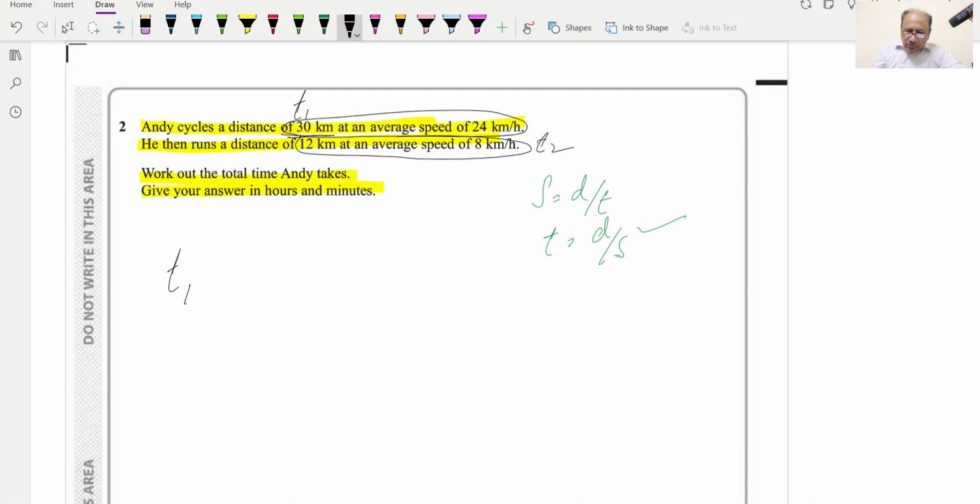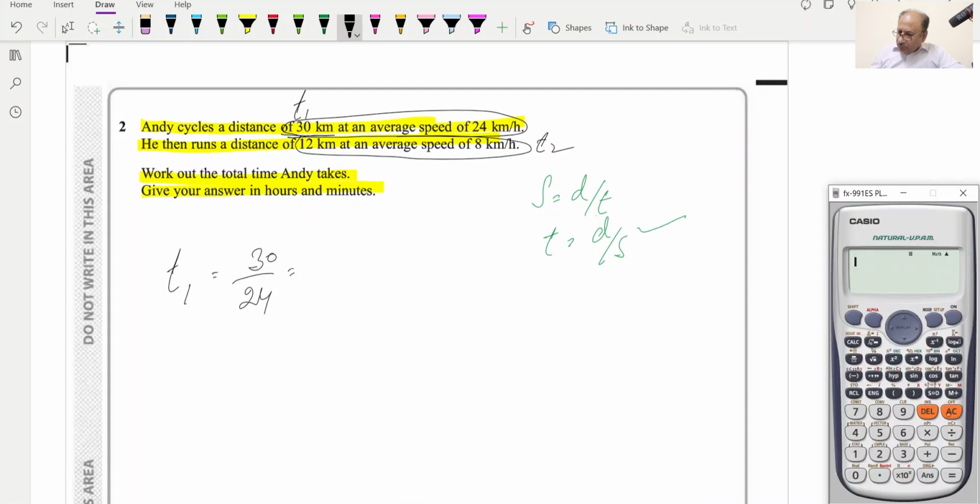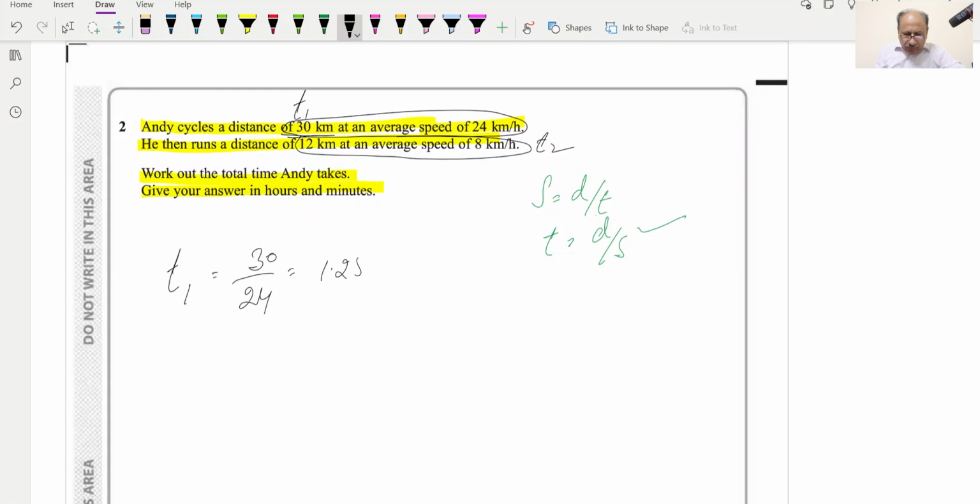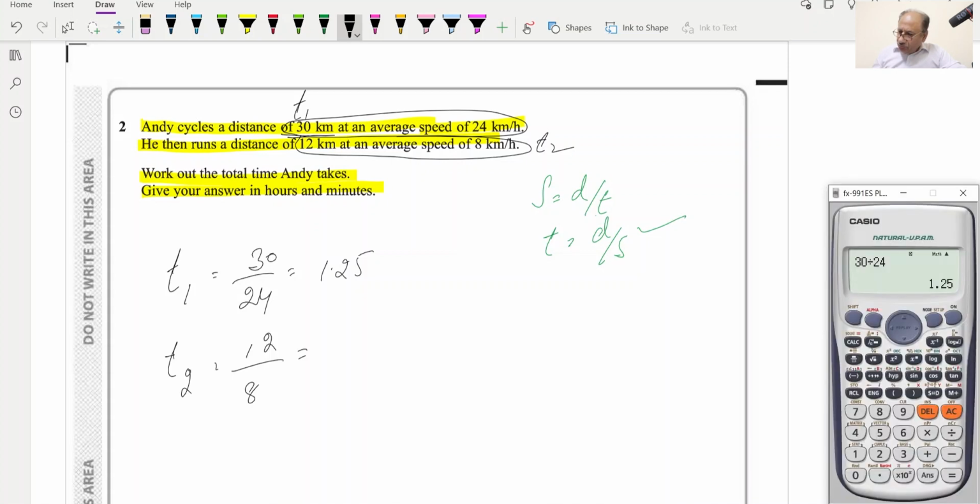So t1 is equal to distance, which is 30, divided by 24, which is speed, and this will be equal to 1.25. And t2 also we can calculate. This will be 12 kilometer distance at a speed of 8 kilometers per hour, and this will be equal to 12 divided by 8.